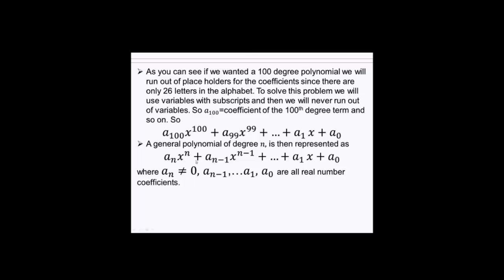Then the next one will be one less than n, like 100, 99, and so on, all the way to the constant term, which is a sub 0, where a sub n is non-zero, and all the other numbers are any real number. All the coefficients are real numbers, but the first term, the highest degree term, has to be non-zero so we can talk about its degree.